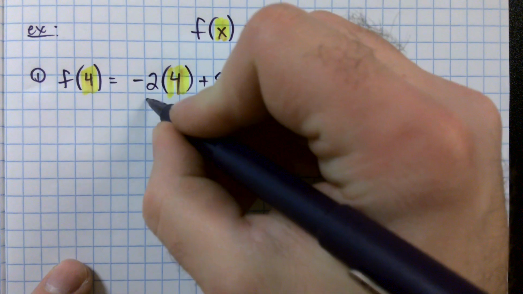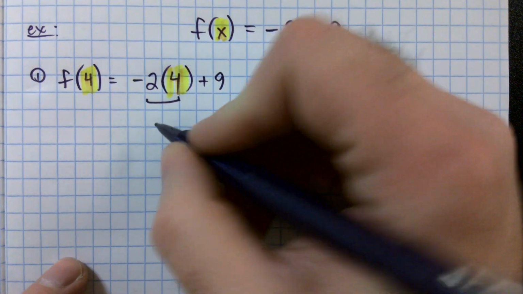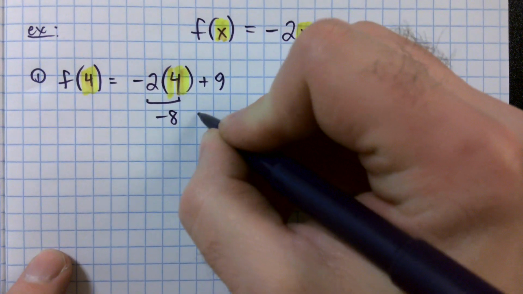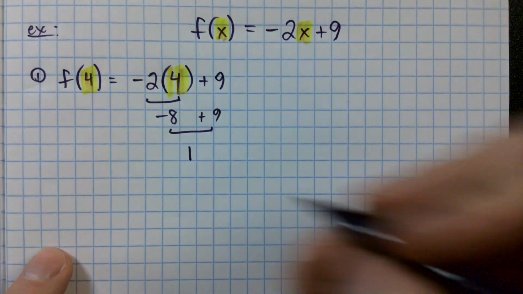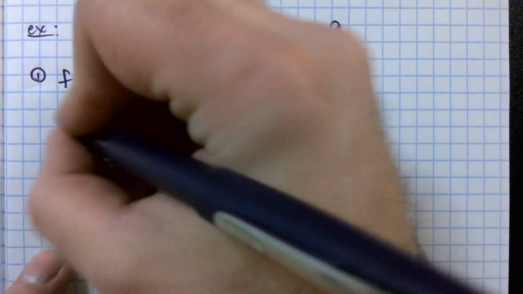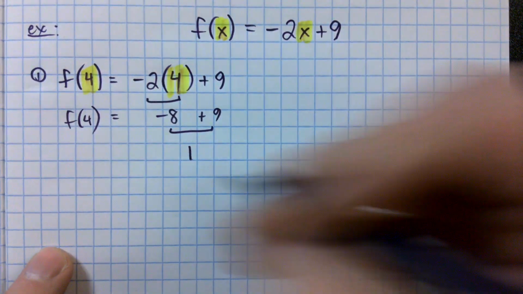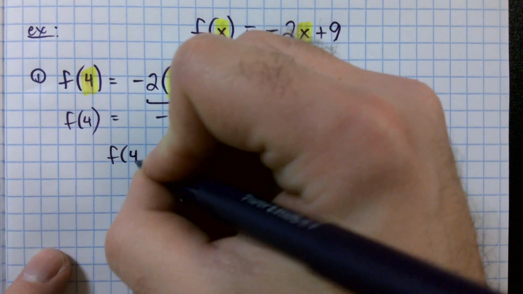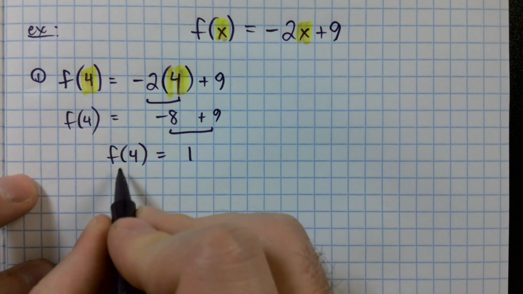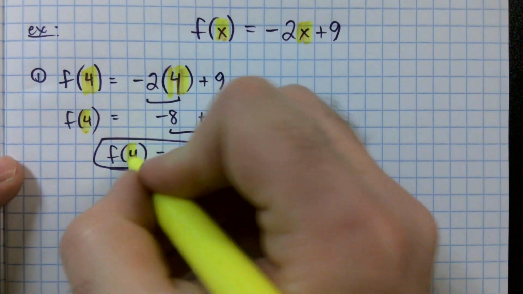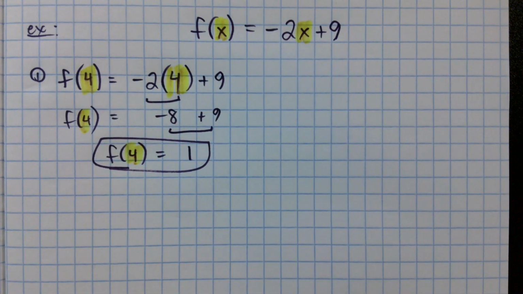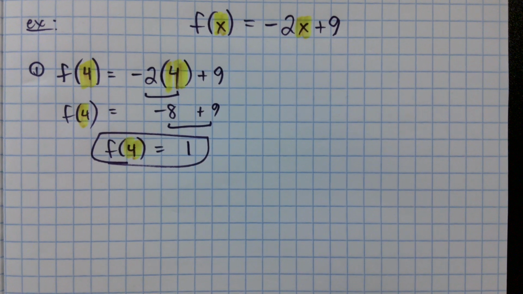What is negative 2 times 4? Negative 8. What's negative 8 plus 9? 1. So for this function, f of 4 is equal to 1. And that's how you solve it. That's all it is.